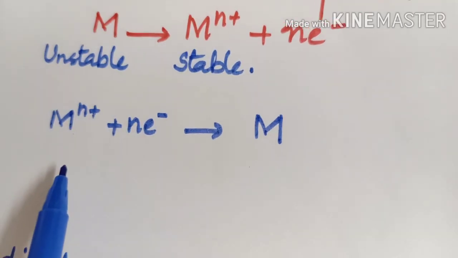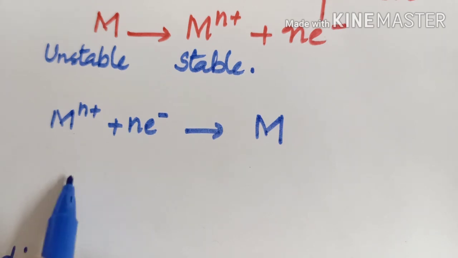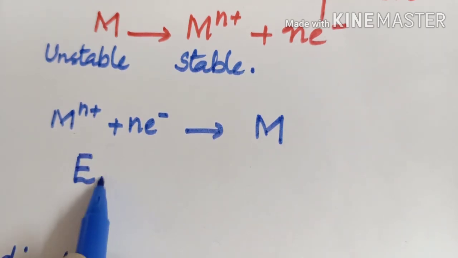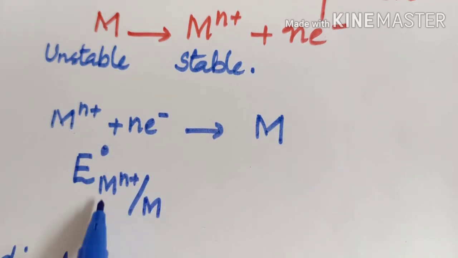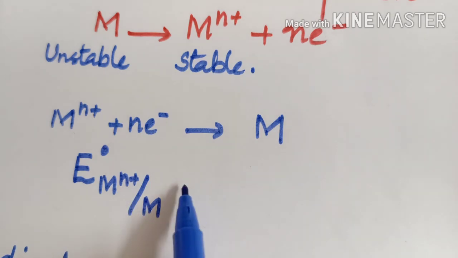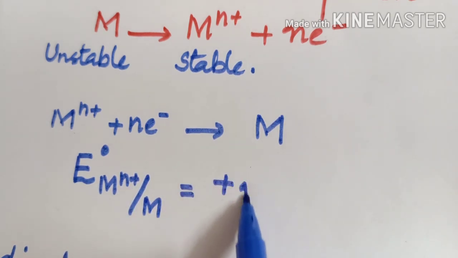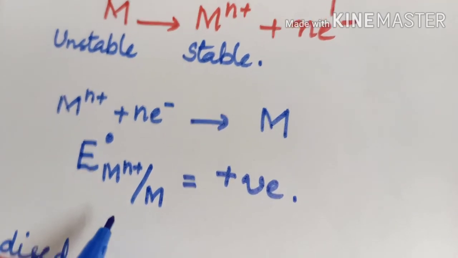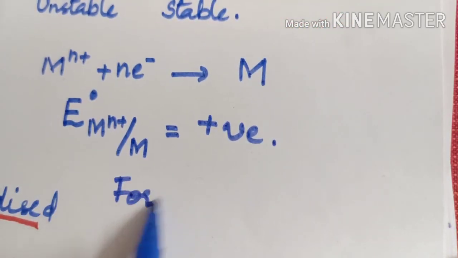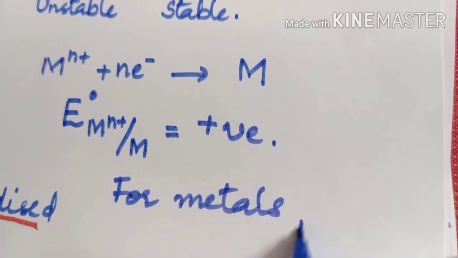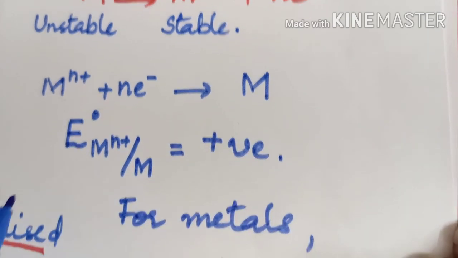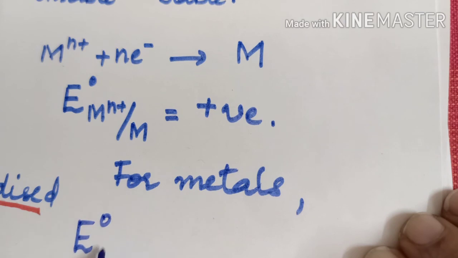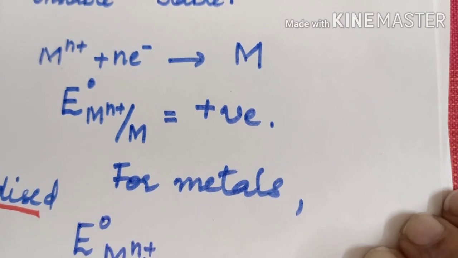If this reaction occurs, you find that the E value of Mn+/M, that is the reduction potential of Mn+/M, will be positive. And for metals, you find that the above reaction never takes place, with the result E0 of Mn+/M for metals will be highly negative.